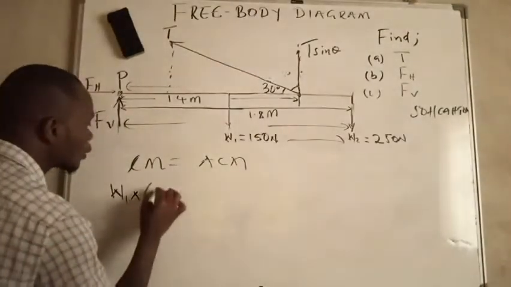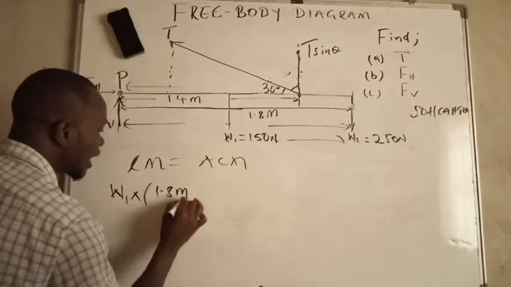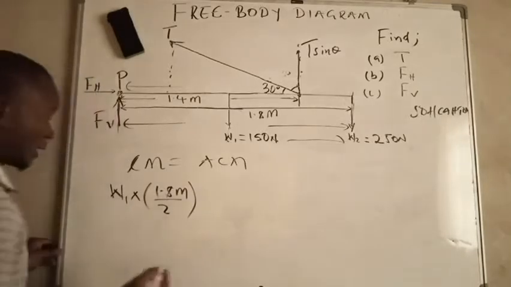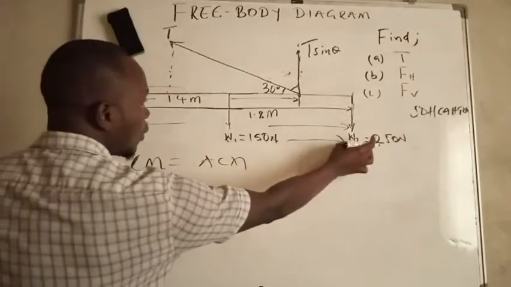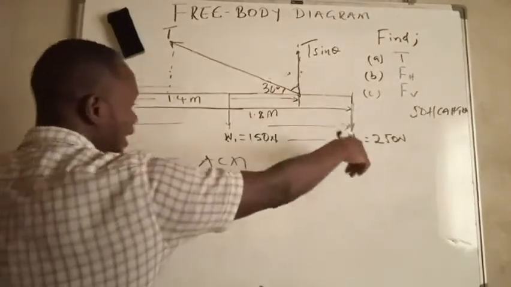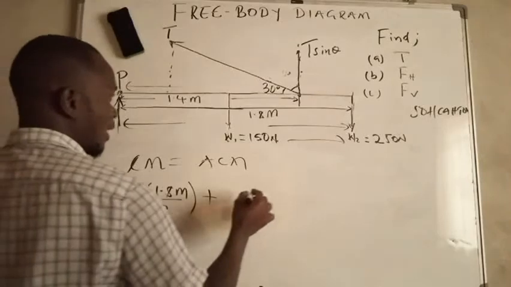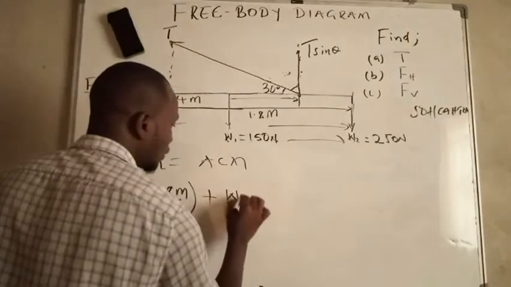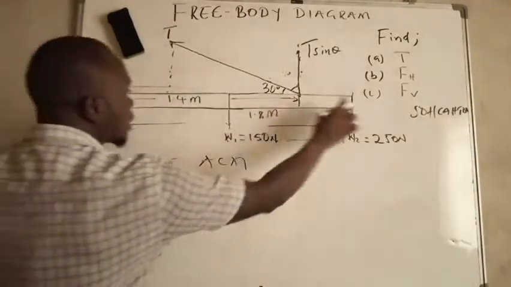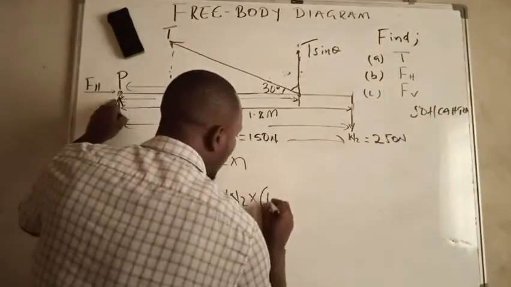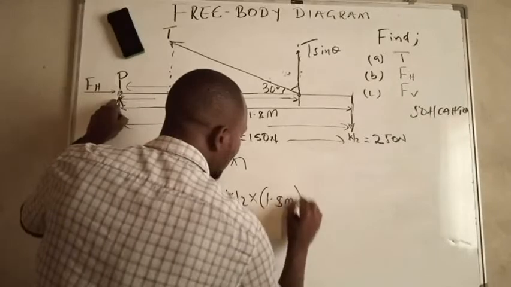So from here, we are going to say 1.8 meters over 2 in the middle, plus the weight number 2, the weight that is hung right at the end of the beam. So this is weight 2 times the distance 2, which is from this to this, 1.8 meters.